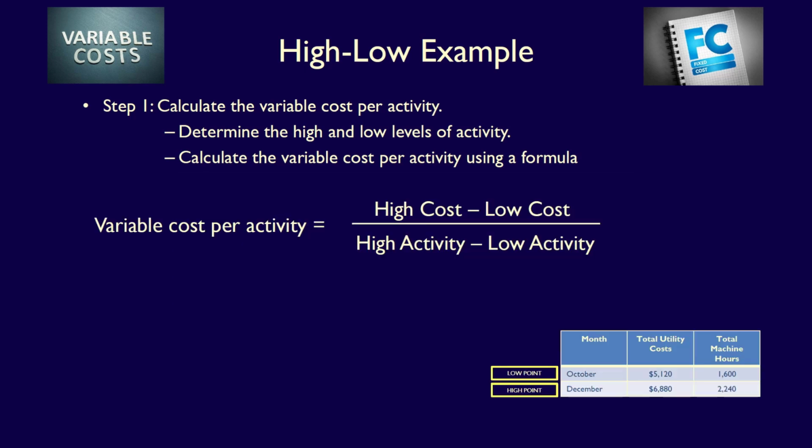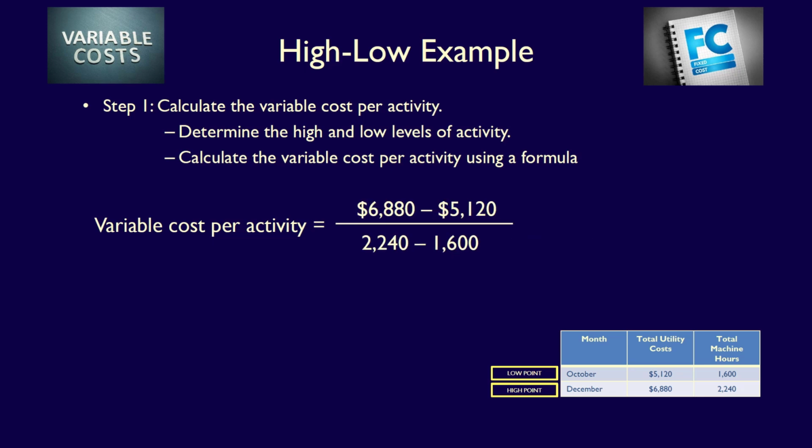Now, let's get back to the question and apply our numbers to the formula to determine the variable cost per activity. Remember the formula. Variable cost per activity is equal to the high cost minus the low cost, all divided by the high activity minus the low activity. Variable cost per activity equals high cost of $6,880 minus low cost of $5,120, all divided by the high activity of 2,240 machine hours minus the low activity of 1,600 machine hours.